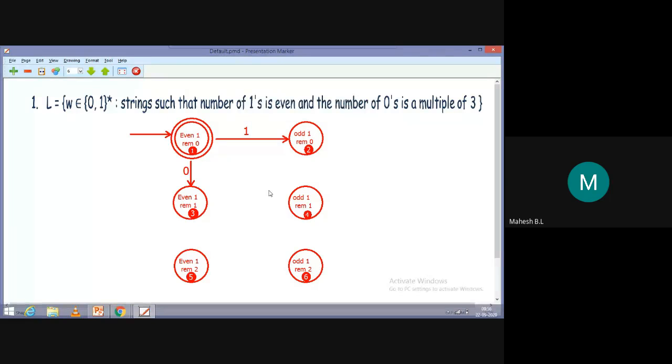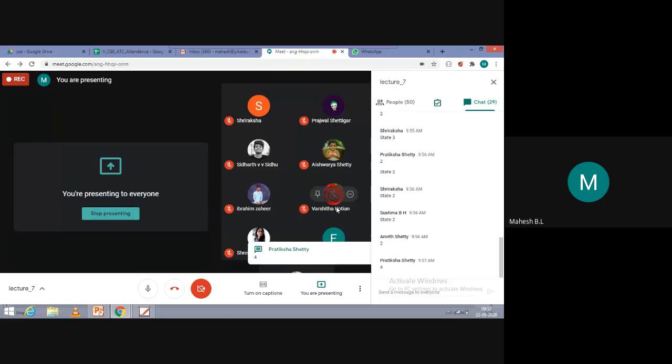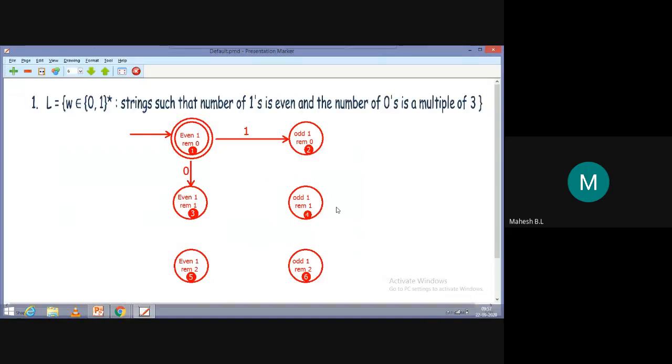Now let's say you are in state 2. For state 2, what transition do you need to make on 0?